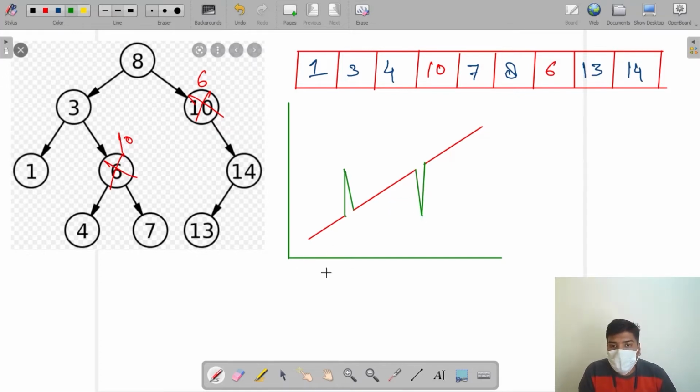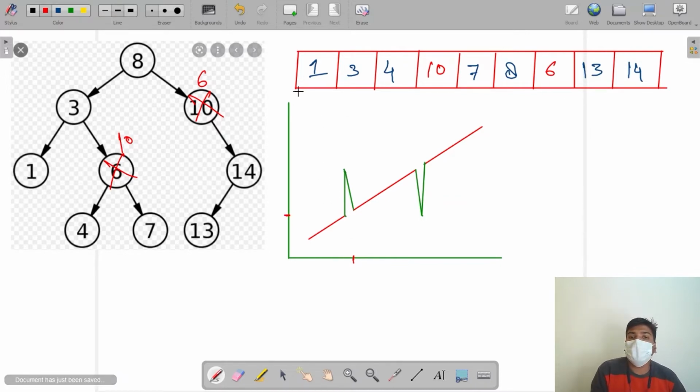Let me tell you with the help of coordinates. Let us think with the help of this array only. Let us assume this is index 0. Here my x line is index, my y line is values.